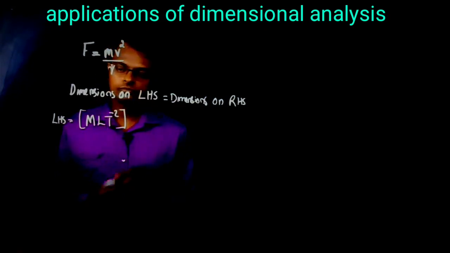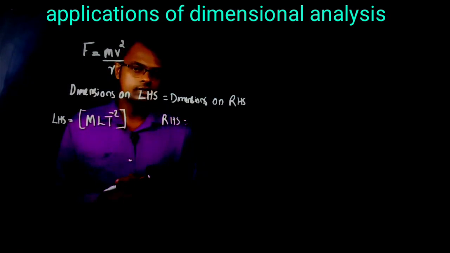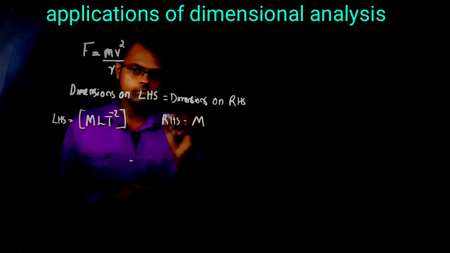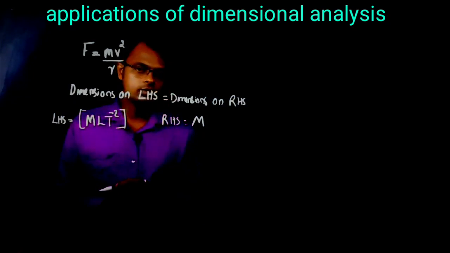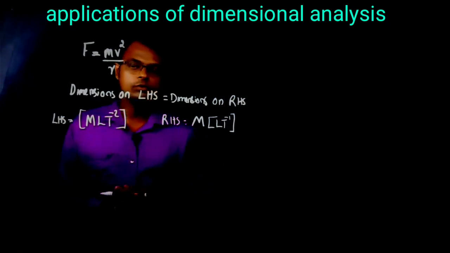Now we are going to work out the RHS, right hand side. First one is mass. What is the dimension of mass? Capital letter M in square bracket. Velocity dimension is L T to the power minus 1.